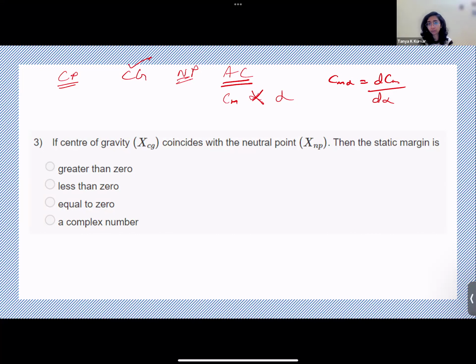How is neutral point different from aerodynamic center then? Anybody else try? His answer is right, by the way. Neutral point is the point where Cm alpha is 0, where moment is independent of angle of attack. But then how is it different from aerodynamic center?